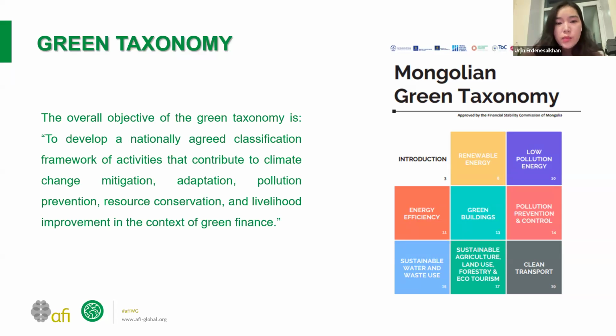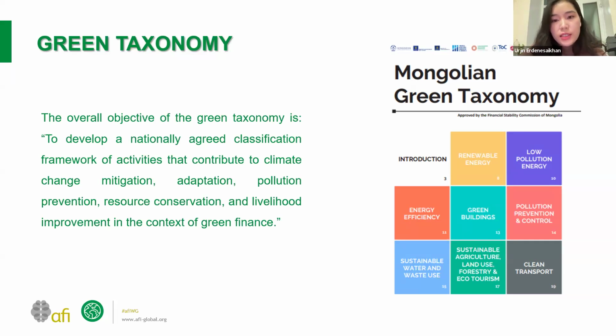As for the green taxonomy, it identified 8 sectors: renewable energy, low pollution energy, energy efficiency, green buildings, pollution prevention and control, sustainable water and waste use, sustainable agriculture, land use, forestry and ecotourism, and clean transport.